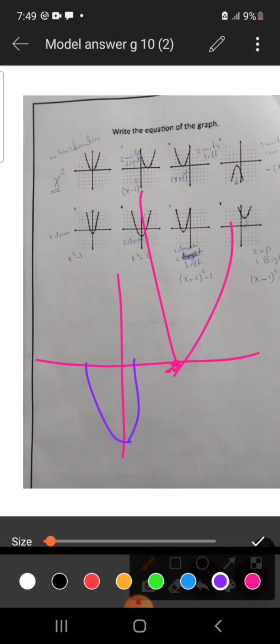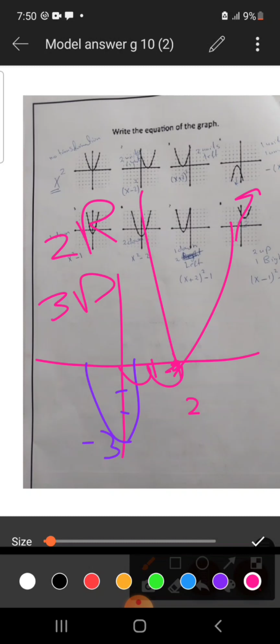Okay, let's see. Here -1, -2, -3, and here 1, 2. Okay, what you will do here, you wanted the pink one. Here's something called transformation. I go 2 units right and 3 units down, right?